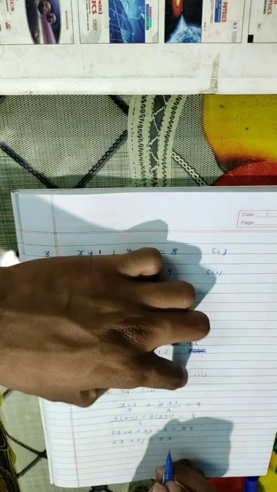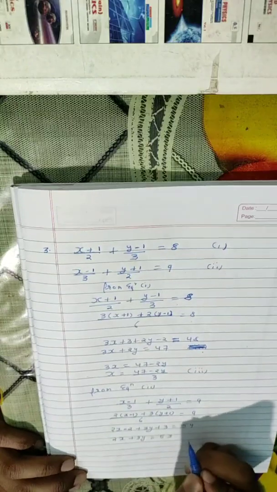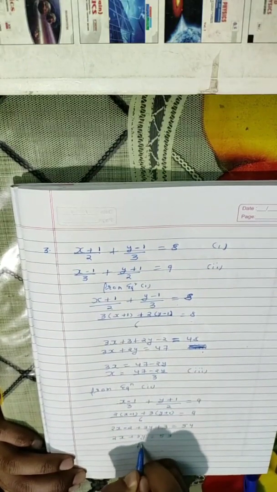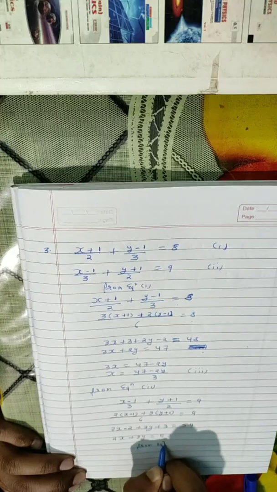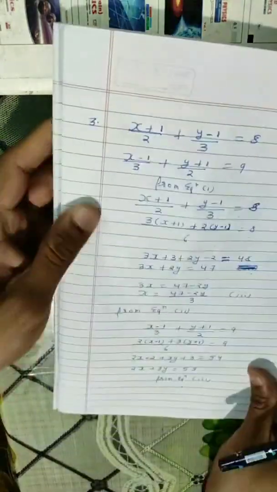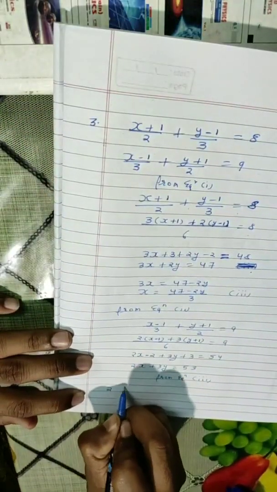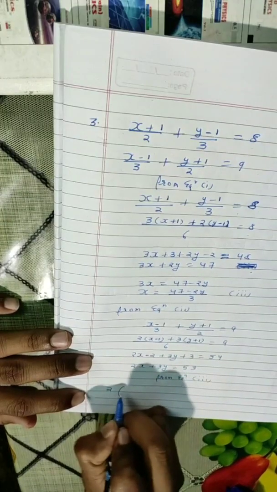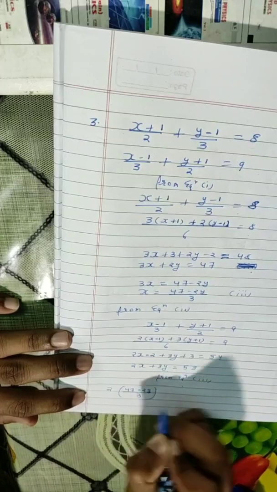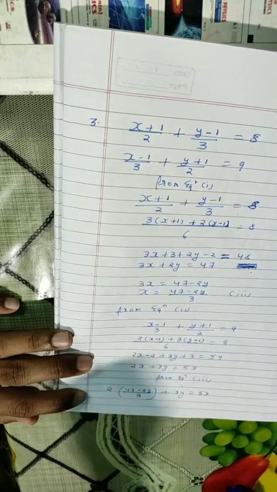Now I will put x here, directly from equation number 3. I will put this value of x here. So it will become 2 times, in the place of x I am putting (47 - 2y)/3, plus 3y = 53.